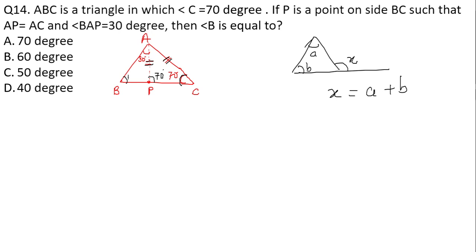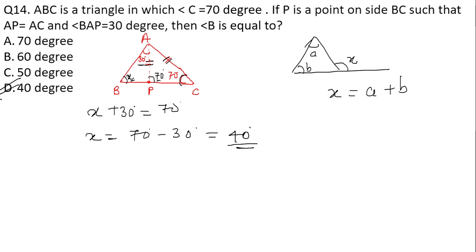To calculate this particular X over here, X plus 30 degree is equal to 70 degree, which is considered to be the outer angle over here. So X plus 30 degree is going to be 70 degree, hence the value of X is equal to 70 degree minus 30 degree, this will give me 40 degree, hence the answer is option number D.